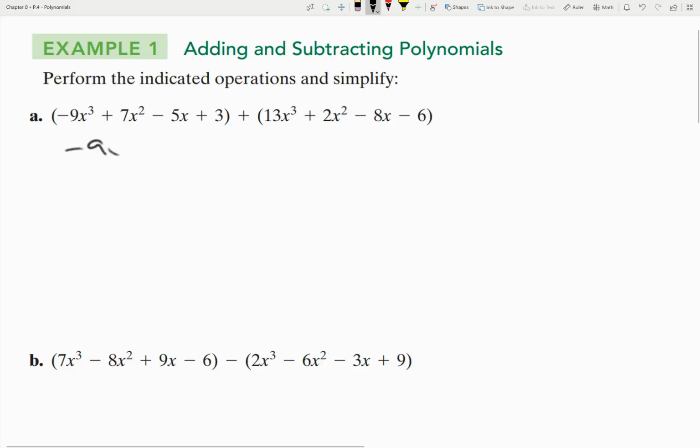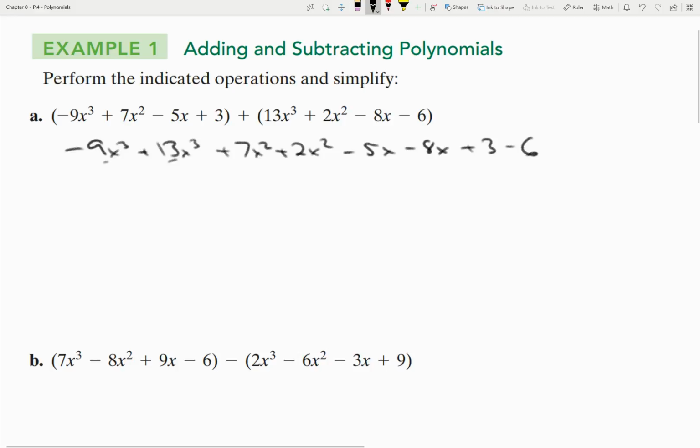So I'm going to go negative 9x to the third plus 13x to the third plus 7x squared plus 2x squared minus 5x minus 8x plus 3 minus 6. Then I could group both of these because they're both x to the third power. I could group the negative 9 and the 13 together, factor out the x to the third, and add the negative 9 and 13.